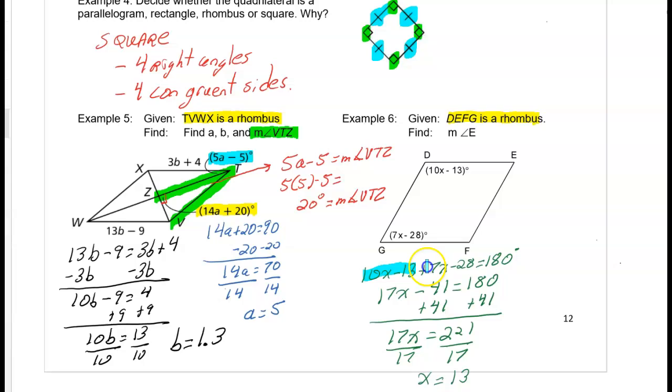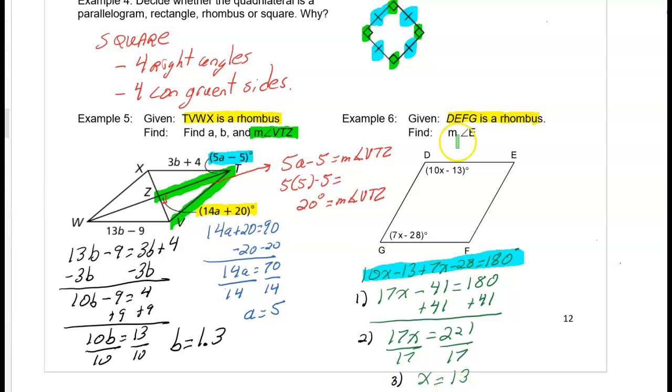So when you solve this equation in blue, the first step is to combine like terms. So you should get 17x minus 41. Then I added 41 to both sides and got 17x is 221. Divide by 17 and I get step 3, x is 13.